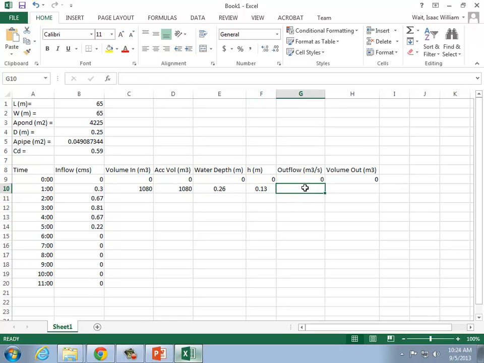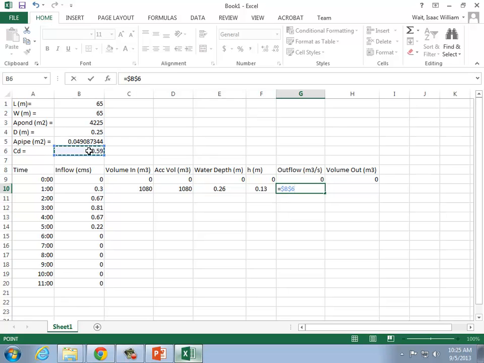Okay. How much water is going out right now? Okay, I'm going to do equals. The formula that we had before is written on the board. Q is C sub D, area of the pipe, square root of 2GH. So C sub D, remember I am going to put this recording online, so if you get lost along the way, you'll be able to refer back to this video later on if you like.